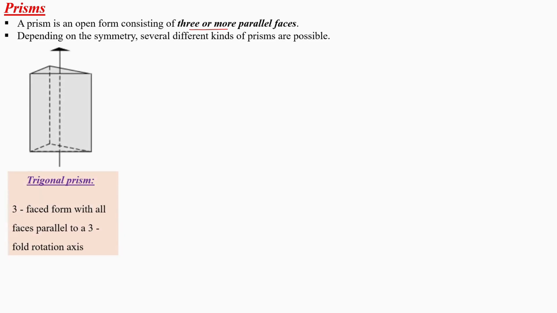One such form is the trigonal prism. Trigonal means it's a three-face form, all parallel. Only then can it be called a prism. And you can see threefold rotation is the major criterion to identify a trigonal prism.